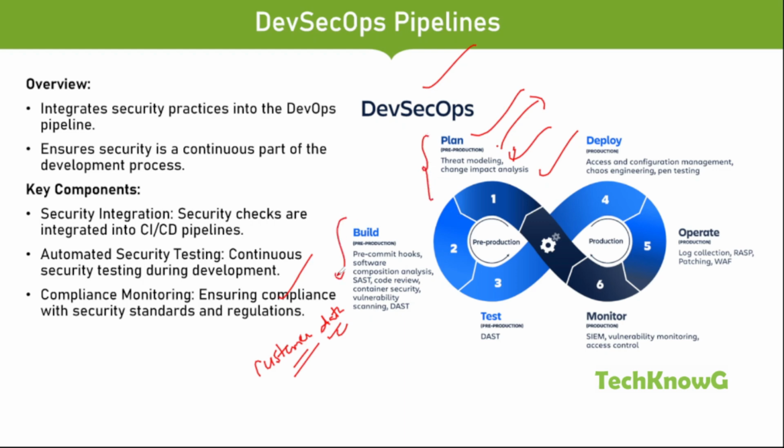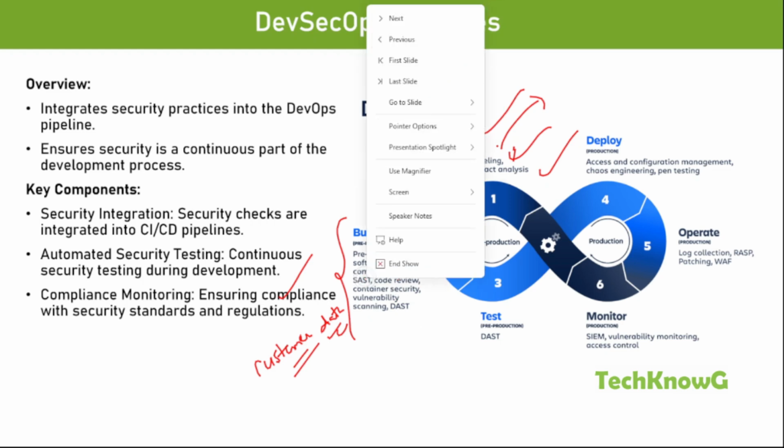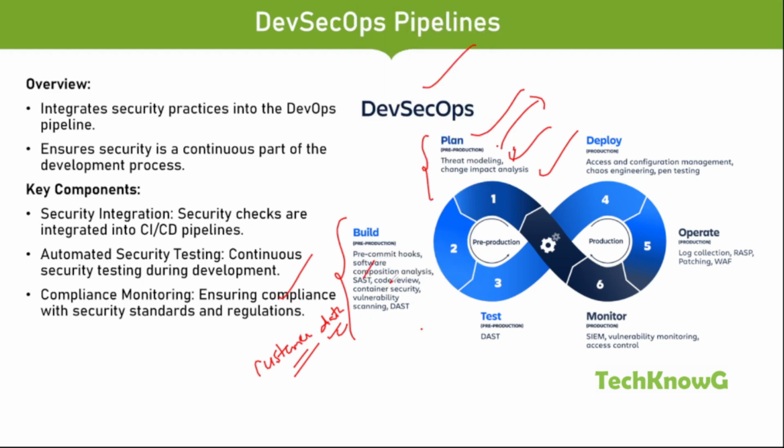Then coming to the build phase, the pre-production phase, we can add security testing tools like SAST tools and code review tools. We have SonarQube, Checkmarx. These are all security testing tools. Also Snyk and OWASP Dependency-Check.